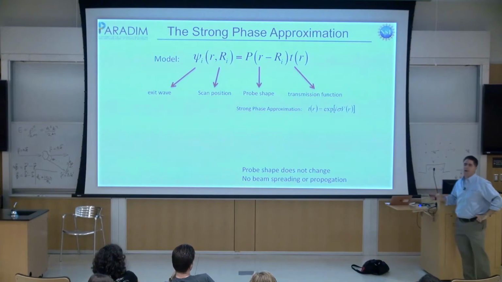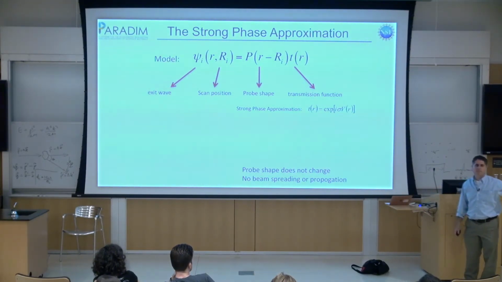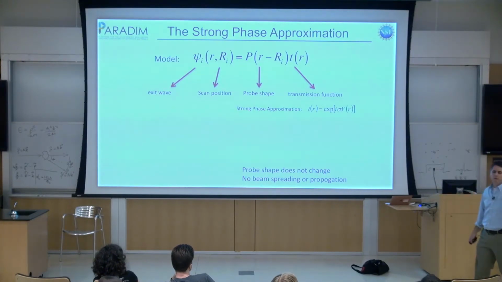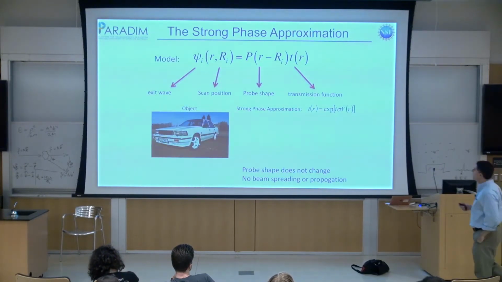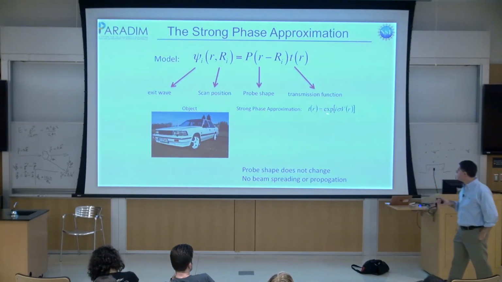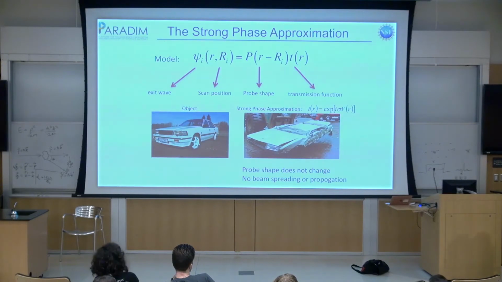This is, by the way, if you think about it, it's just the WKB approximation. If you go back and remember your undergrad quantum mechanics. Now, what this has the effect of doing is, because this is a projected potential, I started out with a real object, and the strong phase approximation has done this to the object.